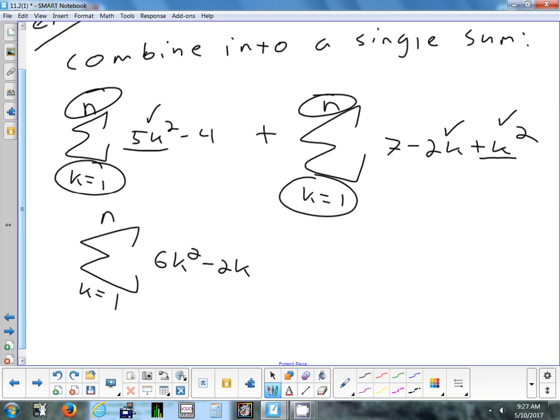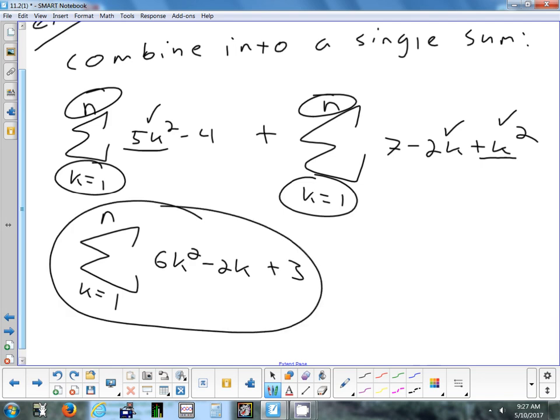And what about my constant? 3. And that's it. Any questions on combining those into a single summation? You're just combining like terms, yeah.